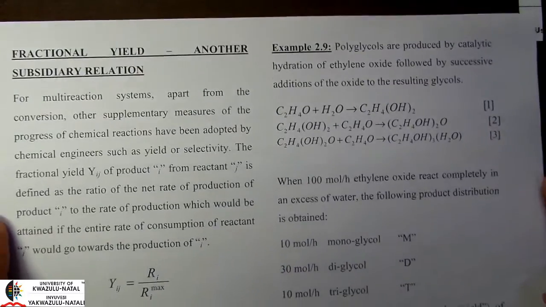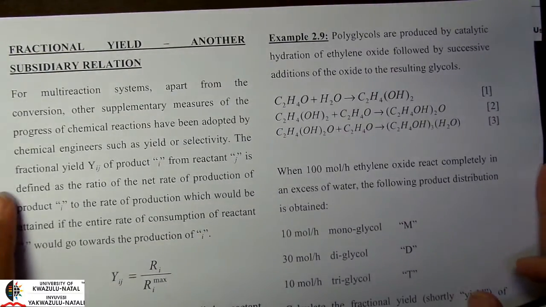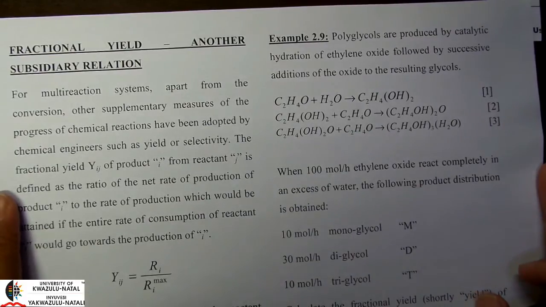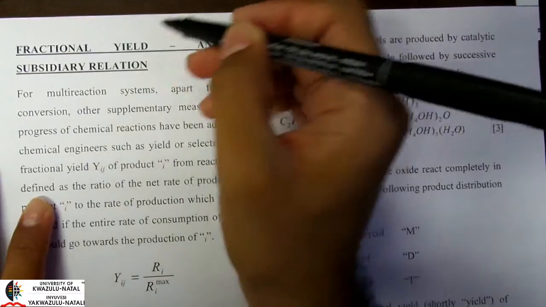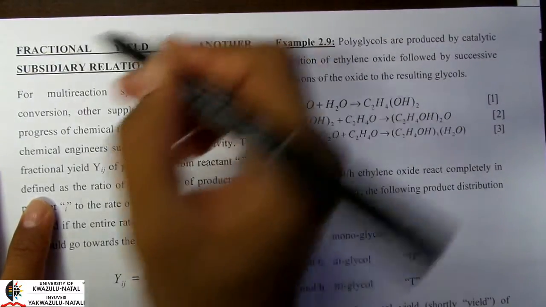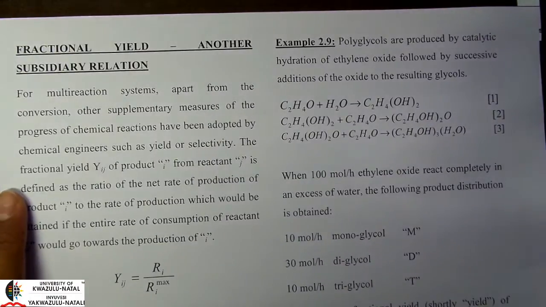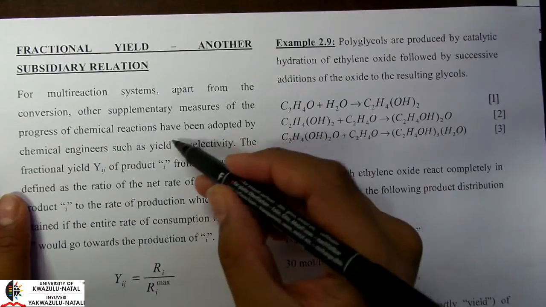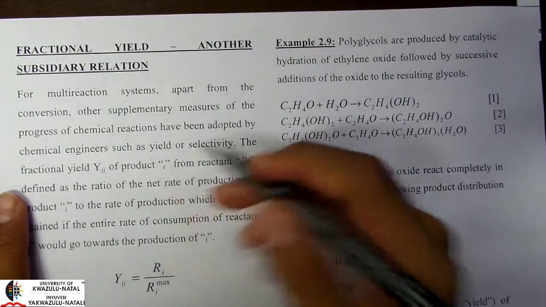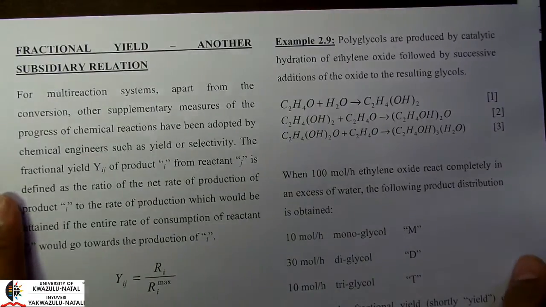Before we look at reaction independence any further, I would like to introduce another subsidiary relation, and that is a term known as the fractional yield. Note, for multi-reaction systems, apart from the conversion, other supplementary measures of the progress of chemical reactions have been adopted by chemical engineers, such as the yield or selectivity.